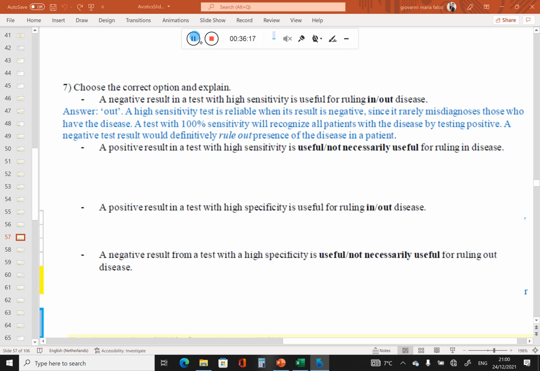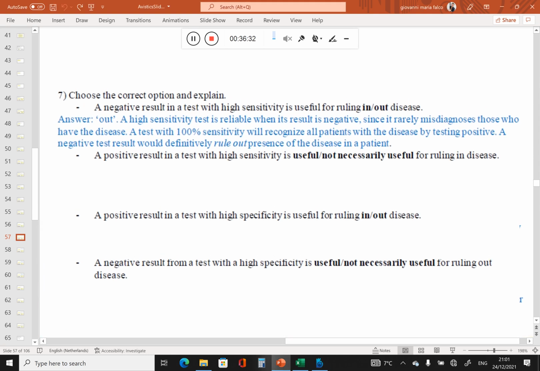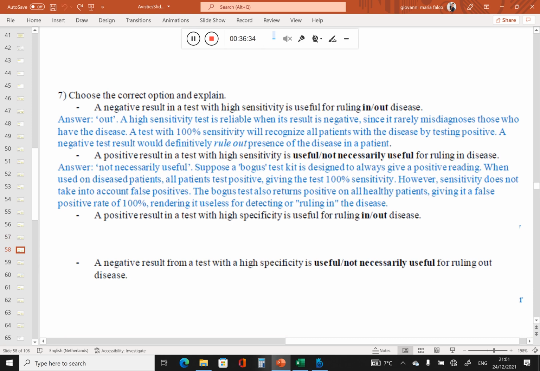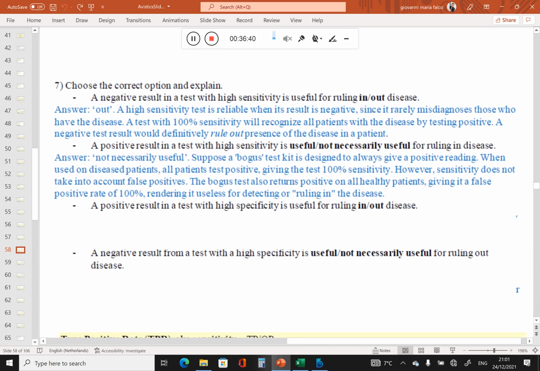If the sensitivity of the test is very high and I get a positive test, does it mean that I'm 100% sure that I'm infected? And here the answer is not necessarily useful, because how can we see this?